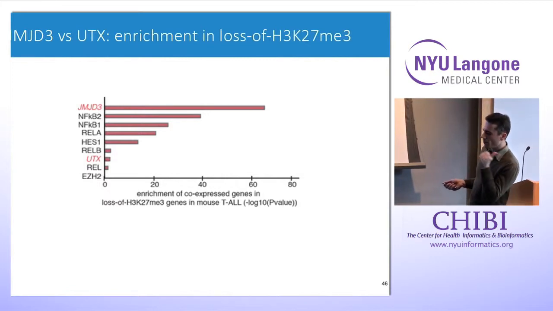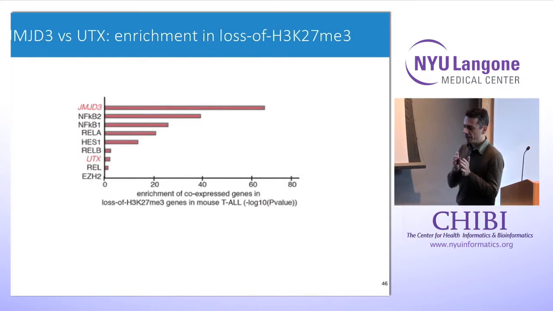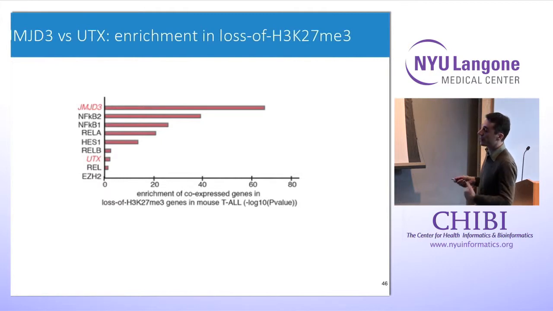Then go back to your mouse model where you found which genes have differences in K27. Which genes lost K27 when moving from normal double positive cells to leukemic cells? And ask the question: is there any enrichment of Jumanji co-expressed genes in patients among genes that lost K27 in mouse?